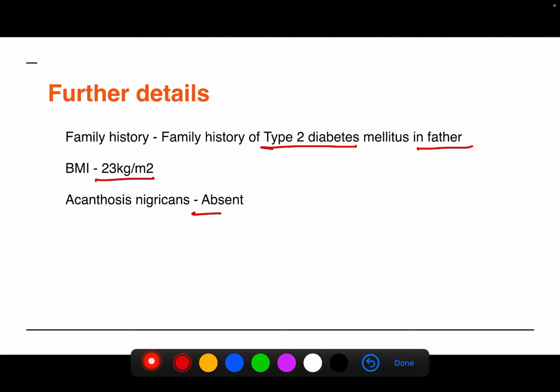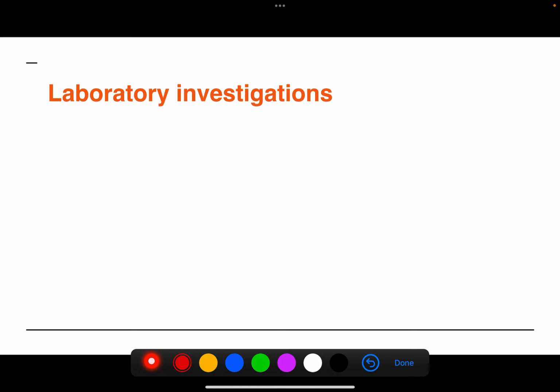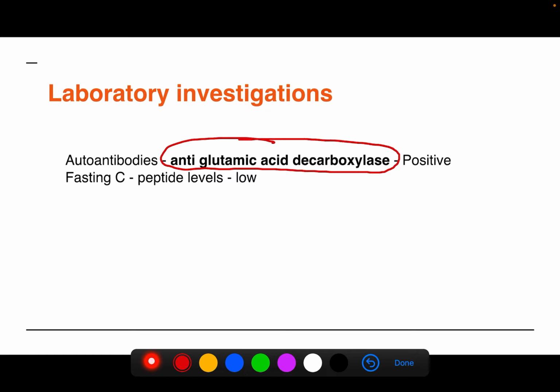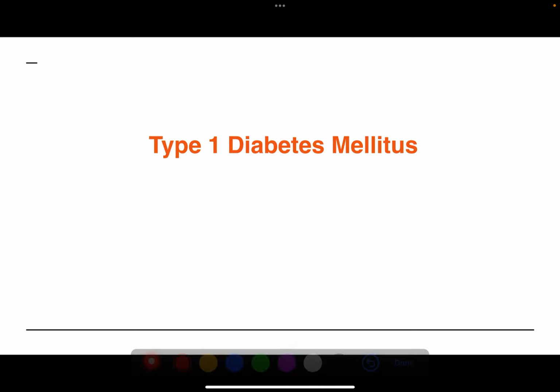BMI is also normal, so the examination is not favoring type 2. On lab investigation, anti-glutamic acid decarboxylase is positive. Anti-GAD antibodies are present and C-peptide levels are low. It means that it's type 1 diabetes mellitus.